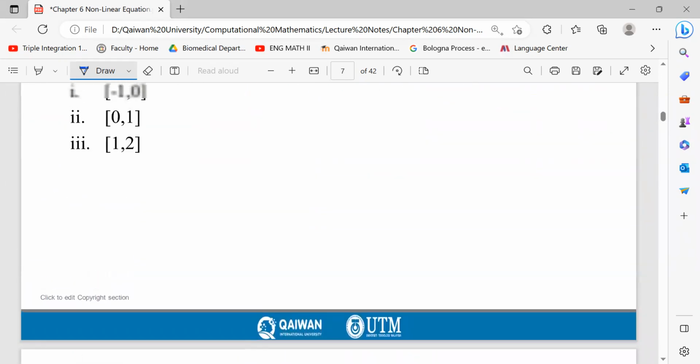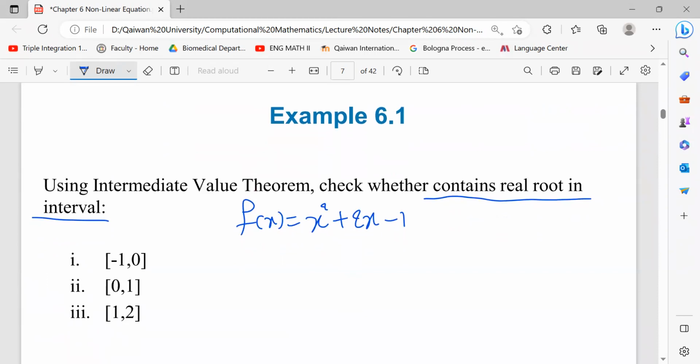It says by using the intermediate value theorem, check whether at each of these intervals we have a solution for this function or not. What we do for the first interval, we just test them. We don't need to solve it, okay? We just test both endpoints, okay?